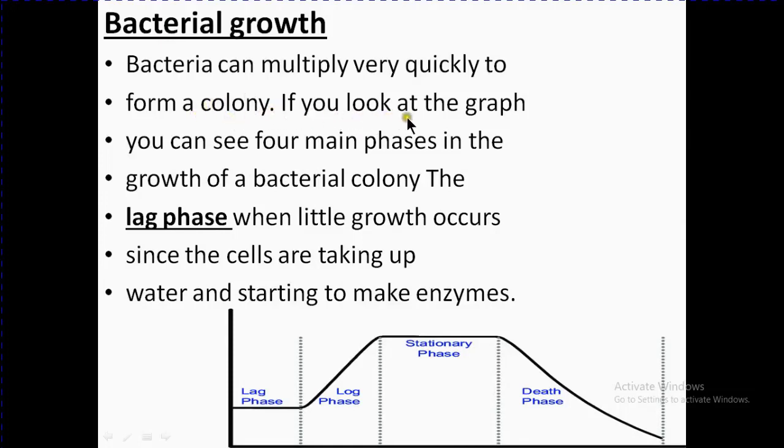If you look at the graph, you can see 4 main phases in the growth of a bacterial colony. The first one is named the lag phase. This is where the growth just starts. Little growth occurs since the cells are taking up water and starting to make enzymes.